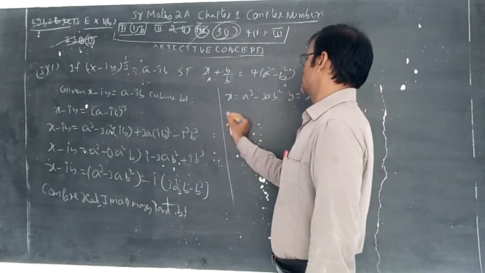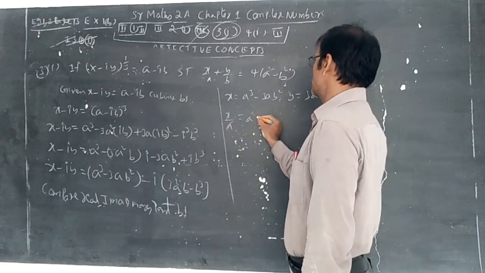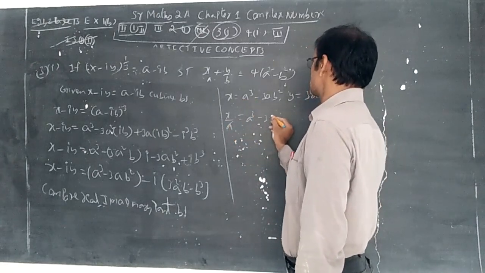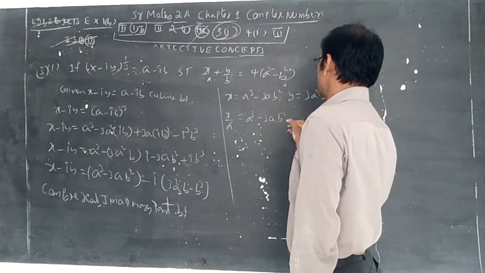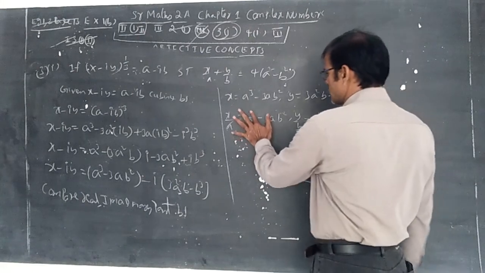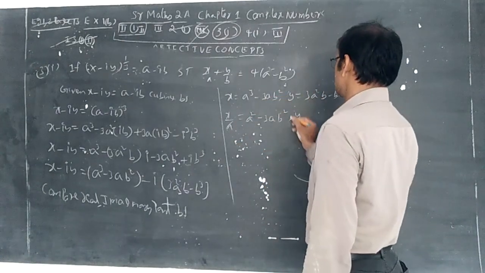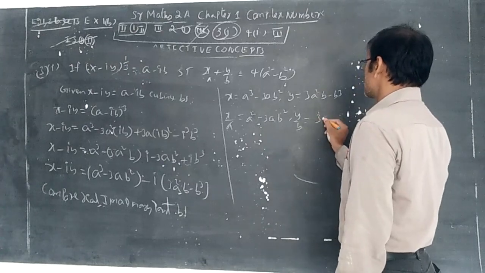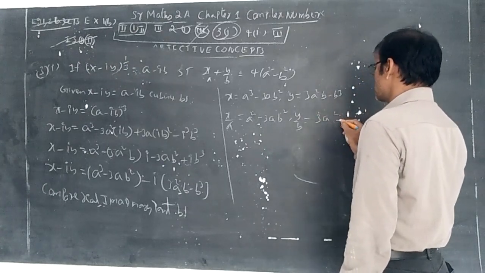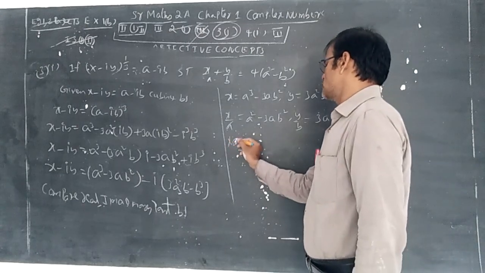Now you write x by a. So it becomes a square minus 3b square. X by a, it is not a cube, it is a square: a square minus 3b square. So y by b you can write 3a square minus b square. Now add these.